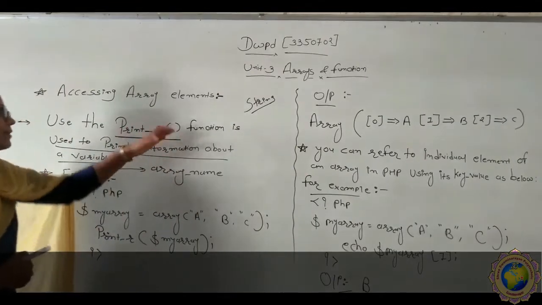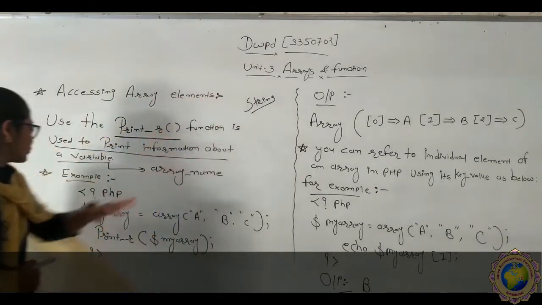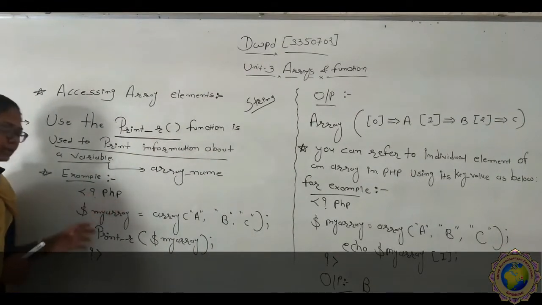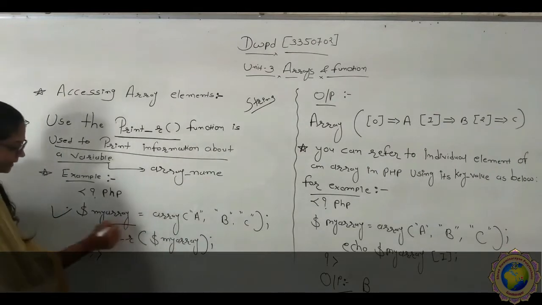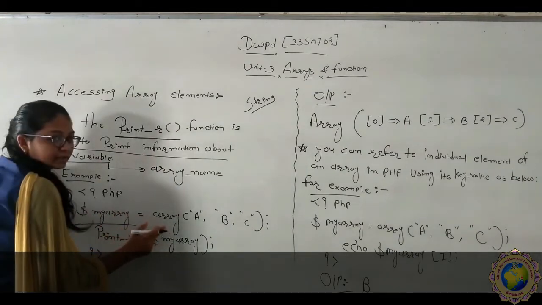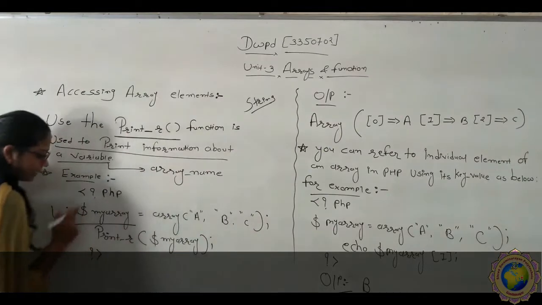So, the print_r function accessing an array element. For example, in PHP I declare $myArray. This is our array declaration. Then use the keyword array and give the values of the array.